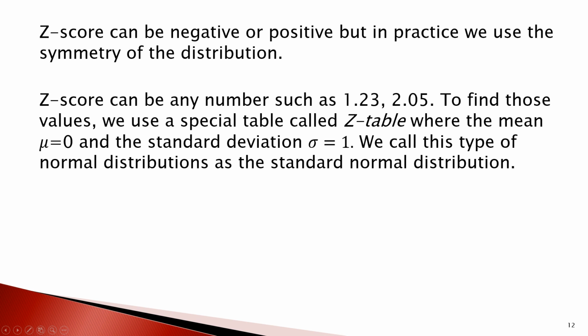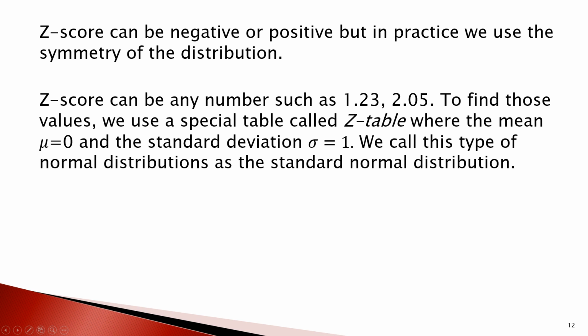For example, if the z-score is 1.23, that means we are 1.23 standard deviations above the mean, okay? And similarly, if the z-score is, let's say, 2.05, that means we are 2.05 standard deviations above the mean, okay? So, but how do we find it?